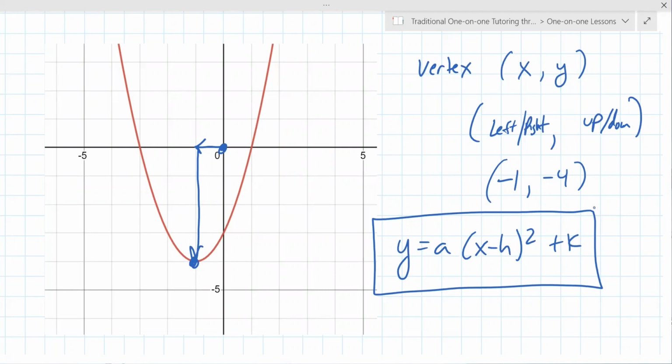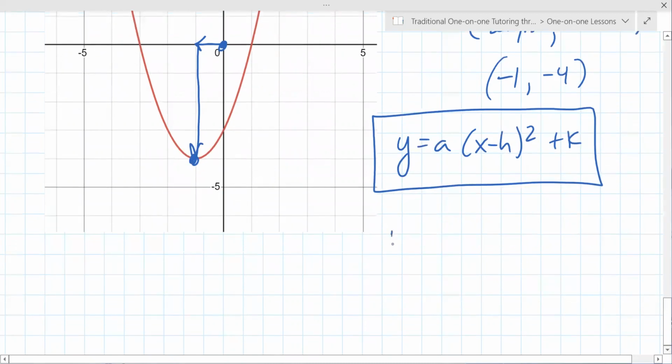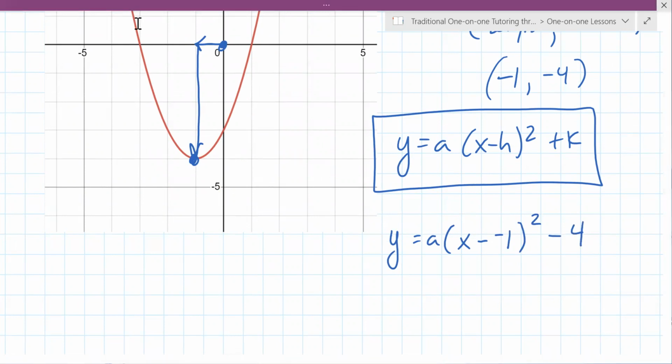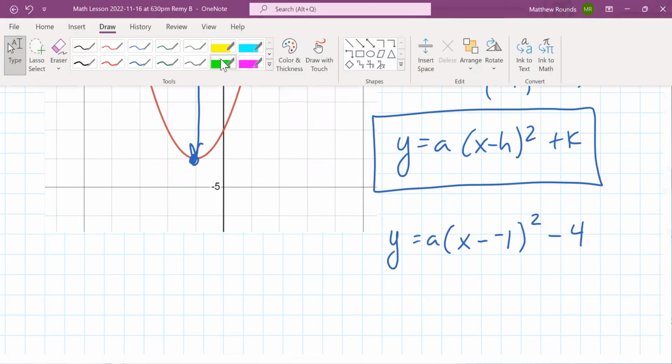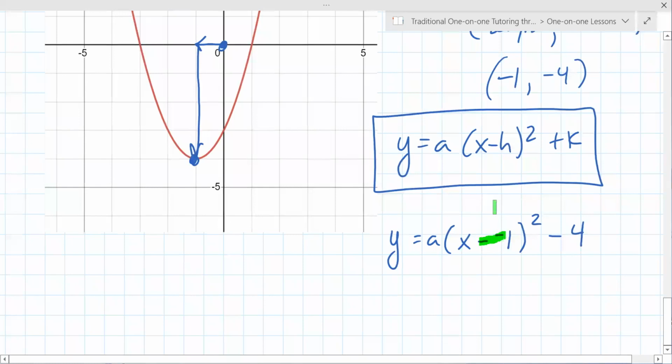All right. Now h is the first number. k is the second number. So this becomes y equals a(x minus (-1)) squared minus 4. Inside parentheses, you have to simplify two negatives.